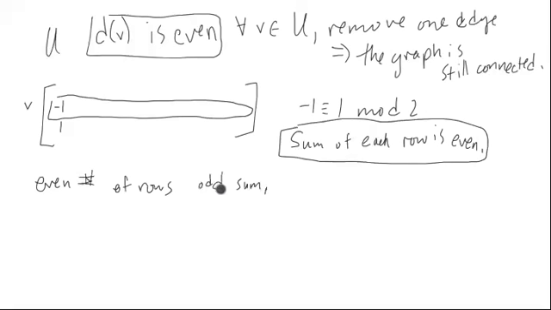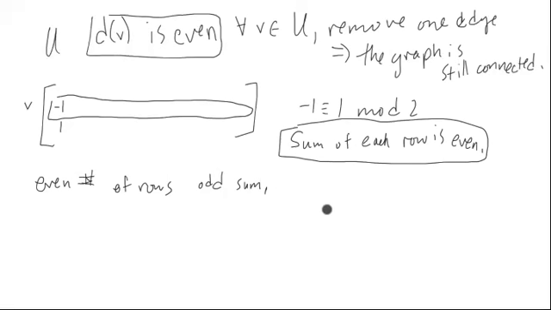Well, for one, the sum of all the entries in the incidence matrix has to be even, because each column has two things in it, 1 and -1, and the sum is 0. The sum of everything is 0, which is even for sure. So if there were an odd number of rows with an odd sum, you're adding up an odd number of odd numbers, and you end up getting something that's odd.